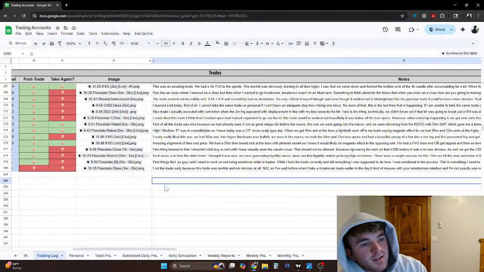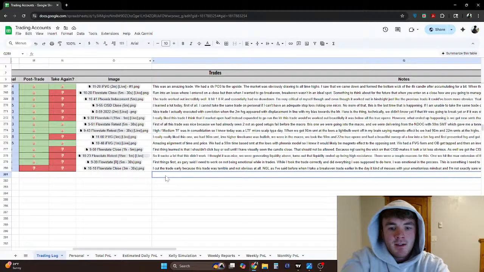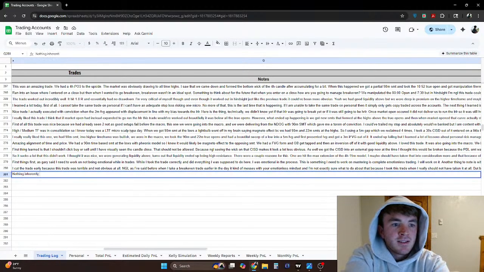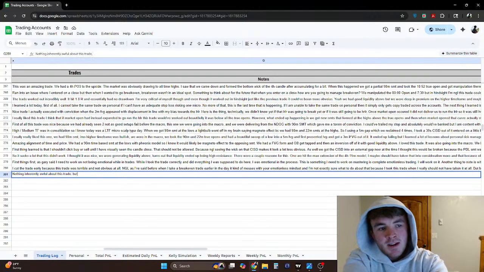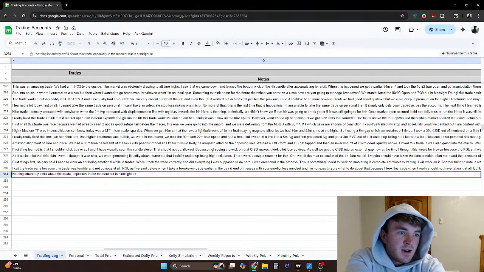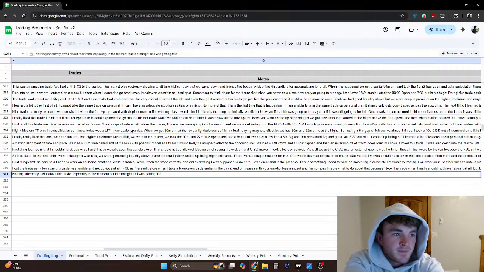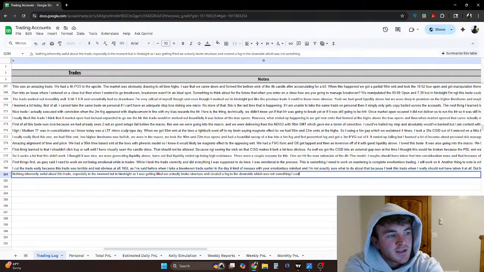So I think that's what I'll say: nothing inherently awful about this trade, but especially in the moment, and in hindsight, as I was getting filled, we actually broke structure and created a fair value gap to the downside, which was not something I could see in the moment.